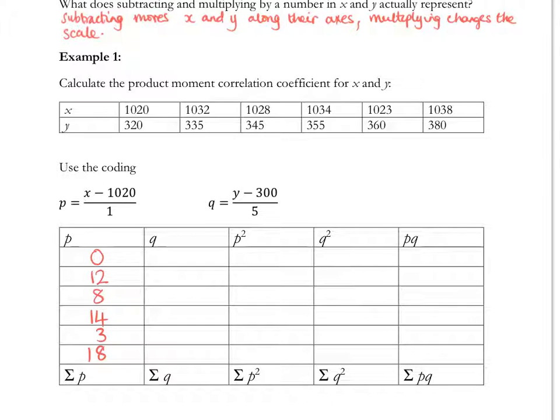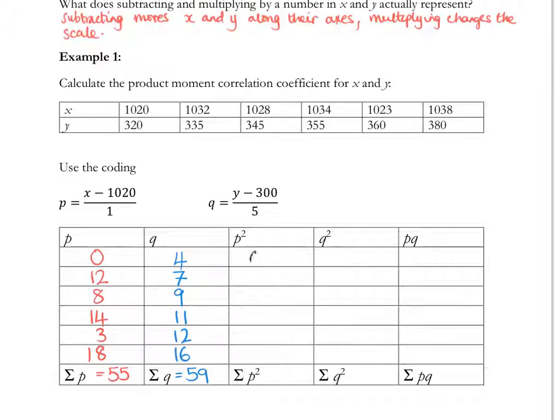And if we add those all up, that is equal to 55. If we then do Q, Q is take your Y value, subtract 300 and divide by 5. So that's 4, 7, 9, 11, 12 and 16. If we add those all together, we get 59.